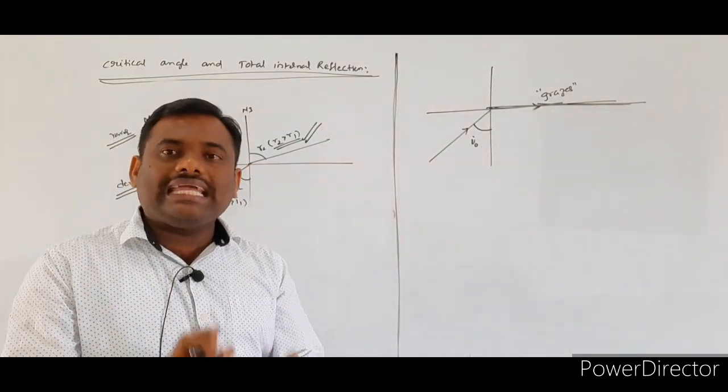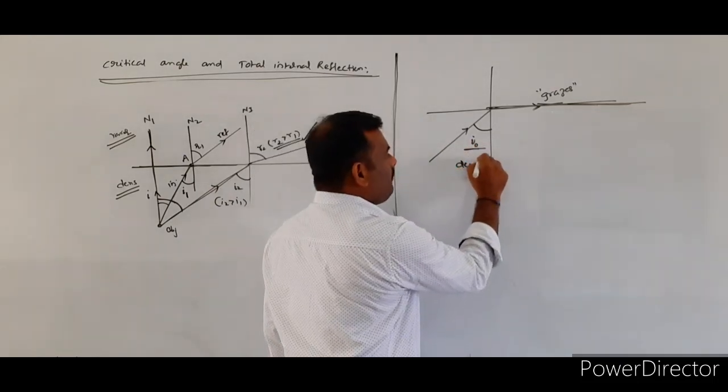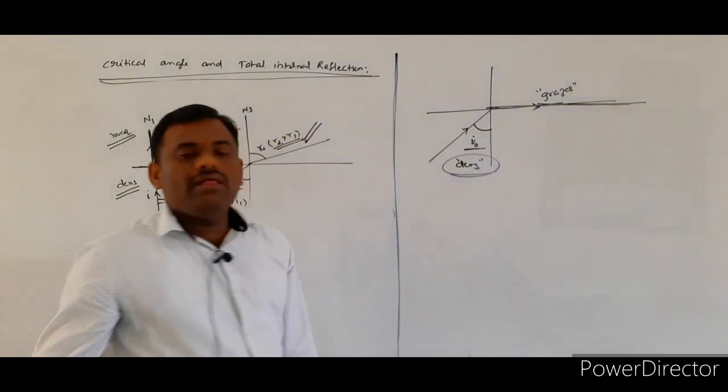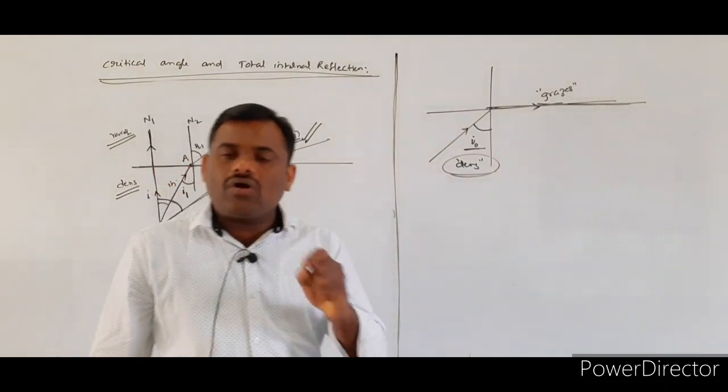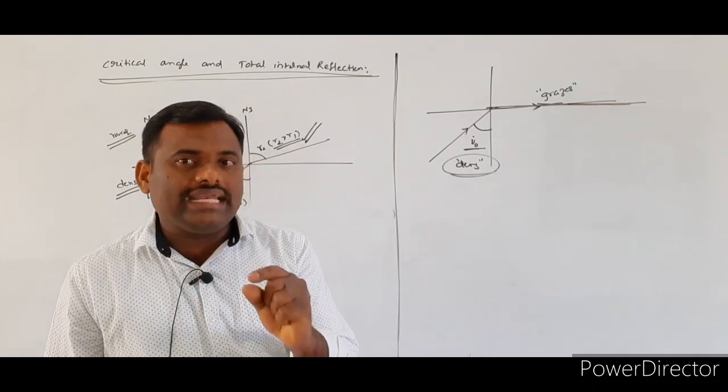That particular angle of incidence value which is present within the denser medium will be called the critical angle. So how can we define the critical angle?